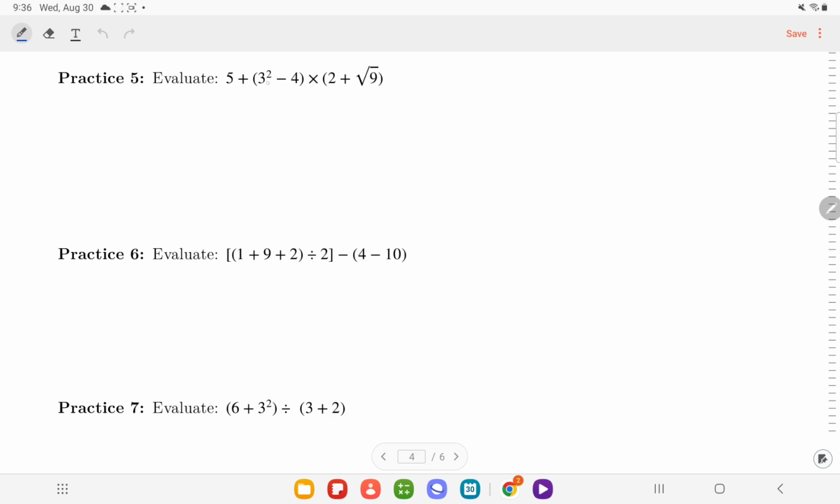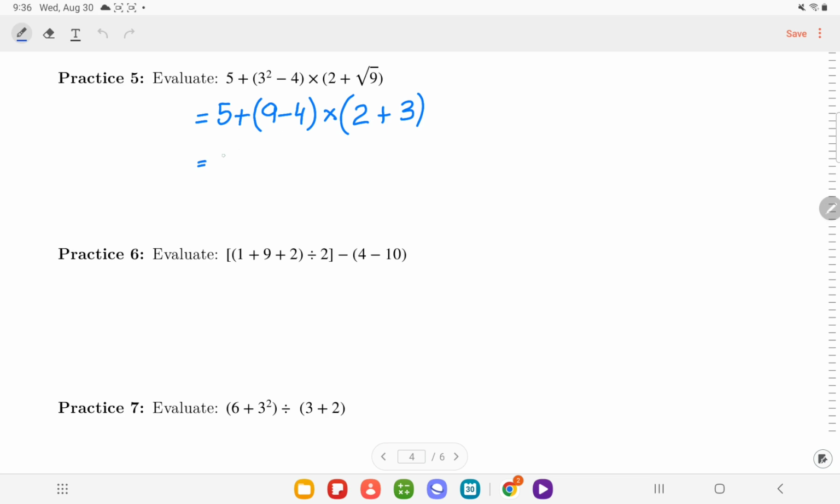Next question has exponents and square roots. We'll start with writing down the 5 plus, and inside the brackets, we need to complete the exponent first. 3 times 3 is 9, minus 4, times, here we have to do square root first. Square root of 9 is 3.